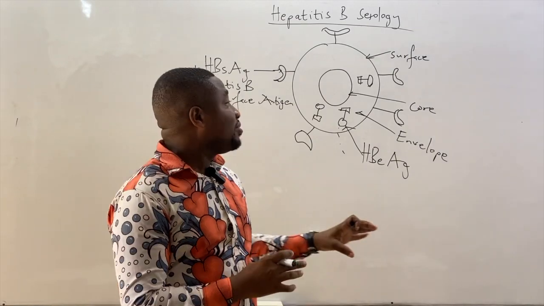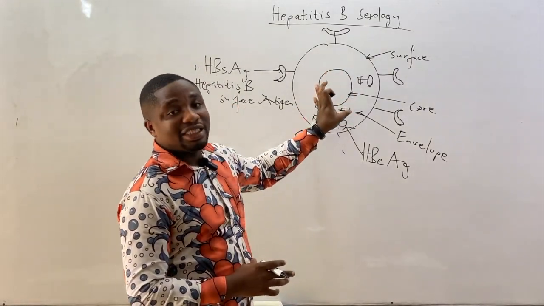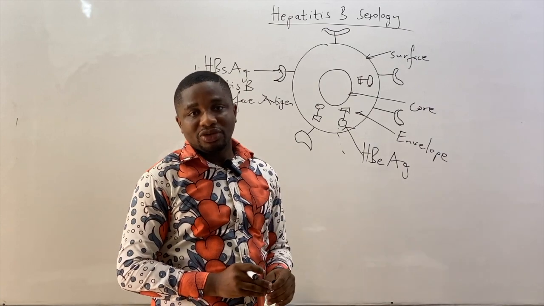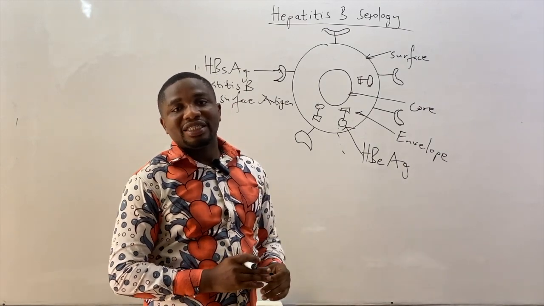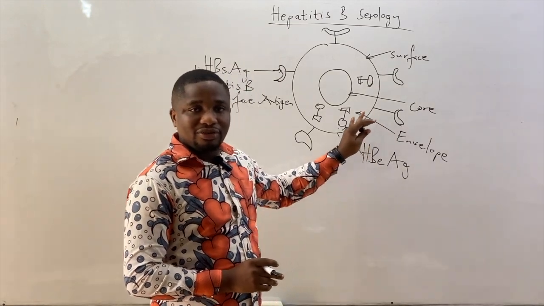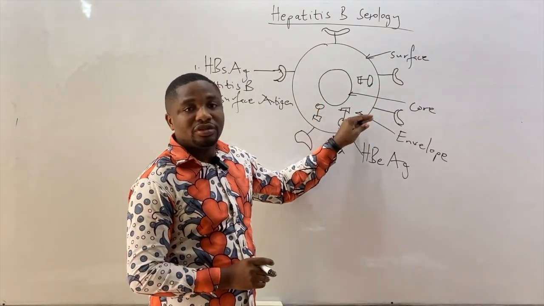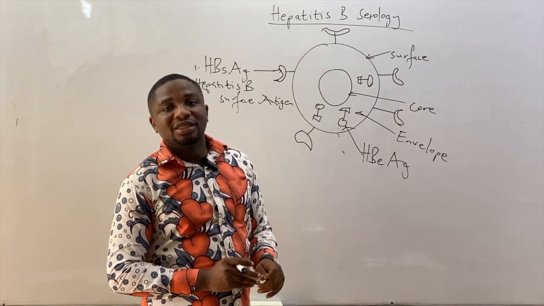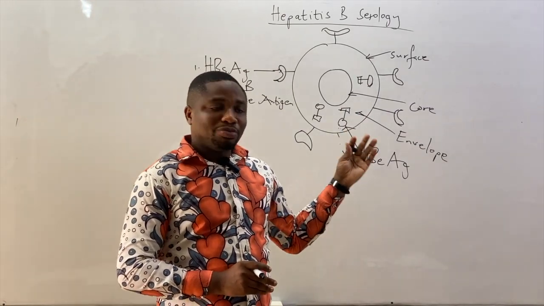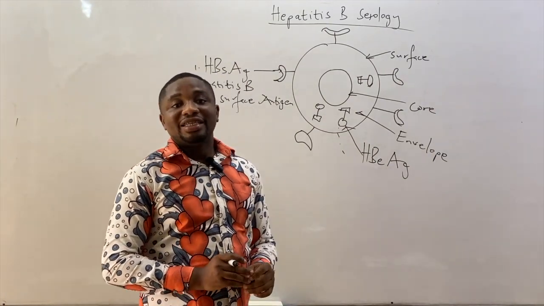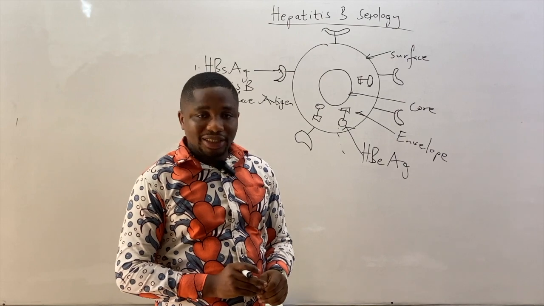They are able to escape from the structure of the hepatitis B into the circulation, into the blood. Because of that, we'll call them hepatitis B escape antigen. But because they are located in the envelope, we'll refer to them as well as hepatitis B envelope antigen. So either you are calling it hepatitis B escape antigen, or hepatitis B envelope antigen.